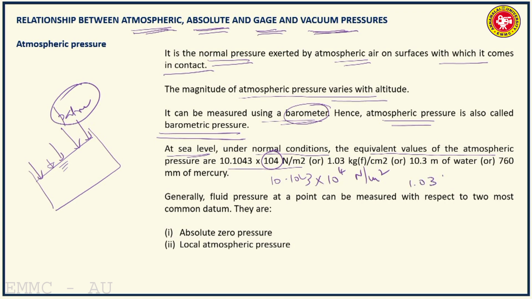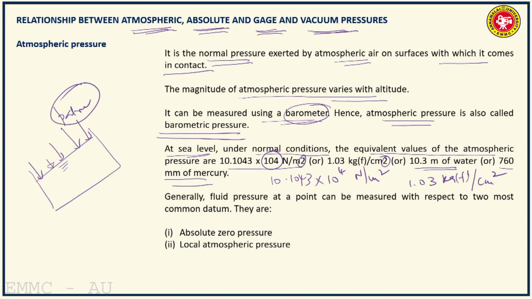Or it is 1.03 kgf per centimeter square, or you can also put it in terms of equivalent column of a liquid as 10.3 meters of water or 760 millimeters of mercury.